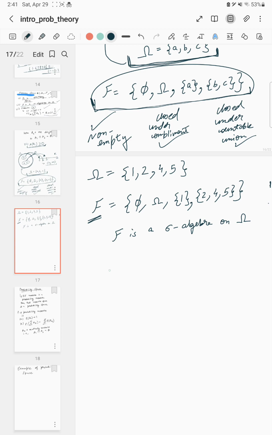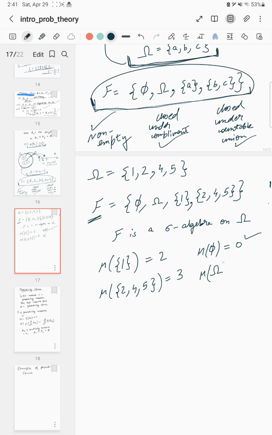Okay, and let's define mu of {1} as 2 and mu of {2, 4, 5} as 3, and mu of phi is 0 by definition.